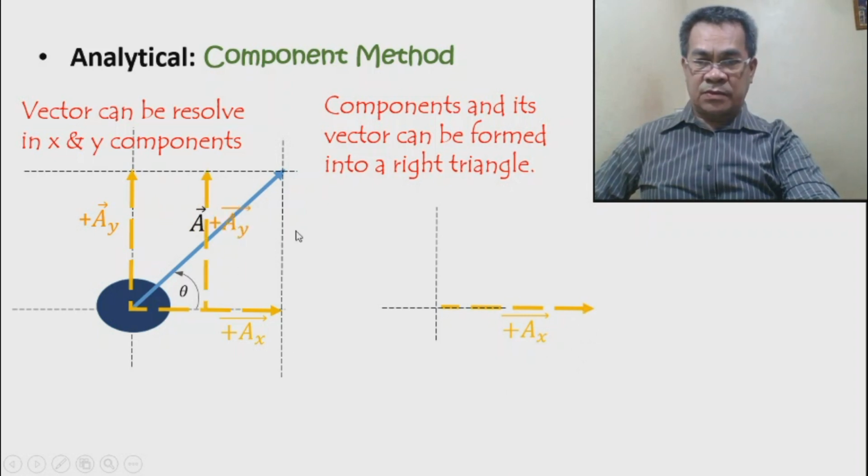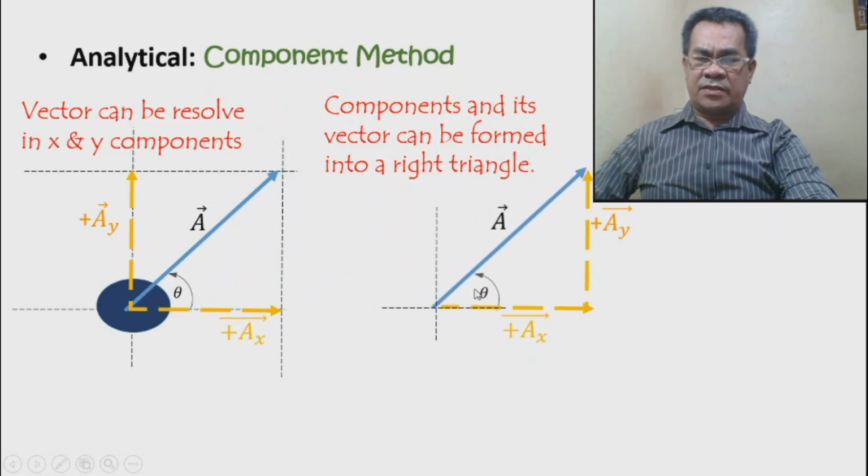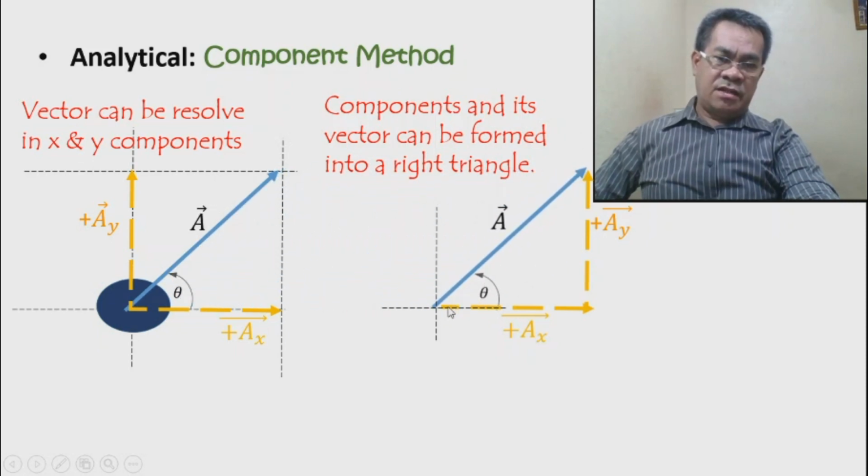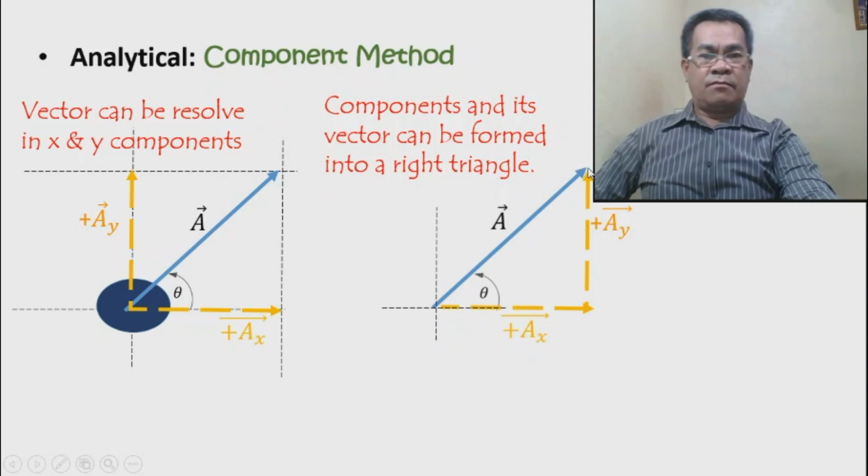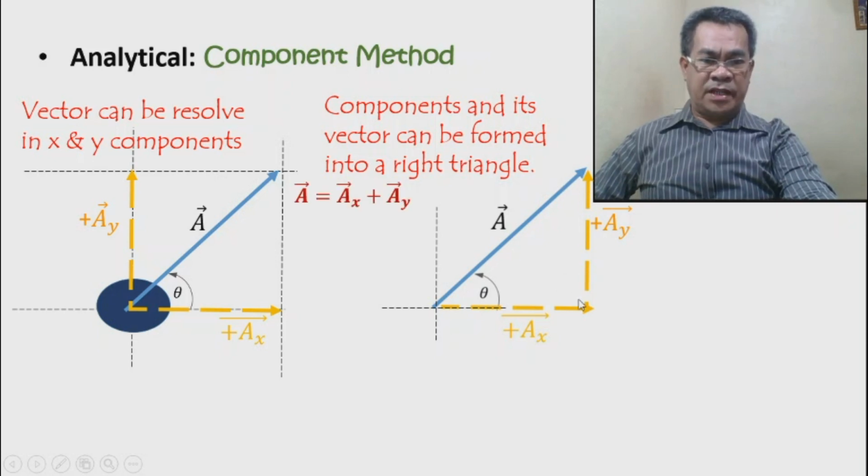Then you have to construct vector A. So vector A coincides with the tip of Ay. If these are the components Ax and Ay, then surely vector A should reach the tip of Ay. So this is forming a kind of right triangle.